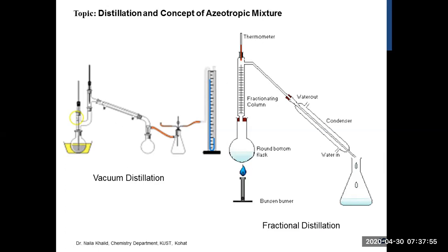There is a chance of their decomposition at their boiling point, so we cannot separate these components at their own boiling point, but we create a vacuum so that we can collect them at a lower temperature than their actual boiling point.